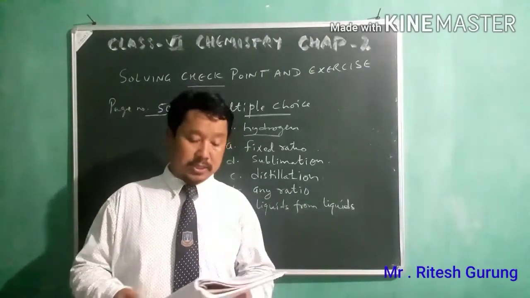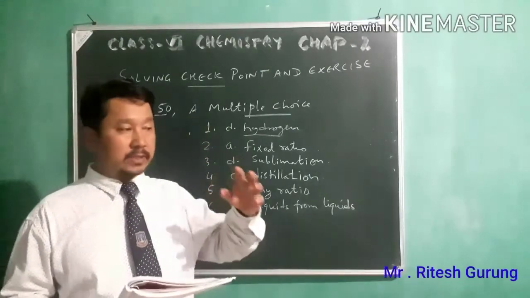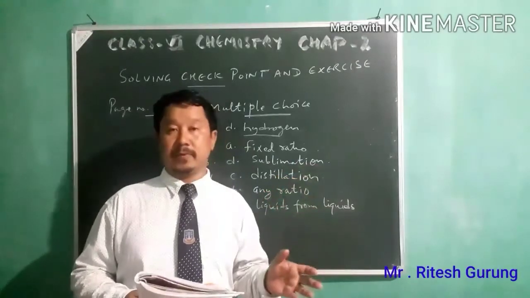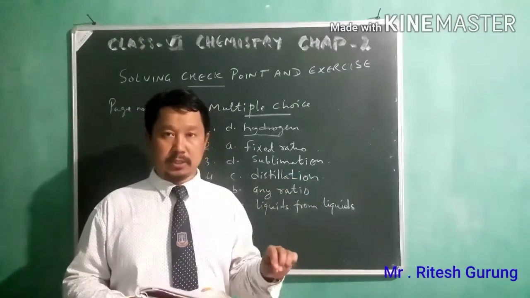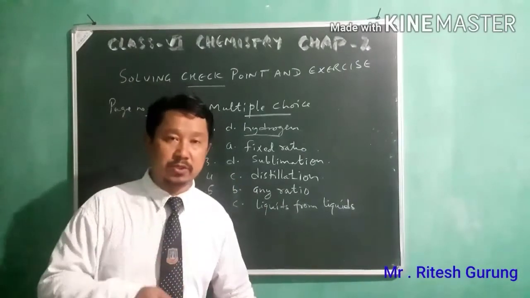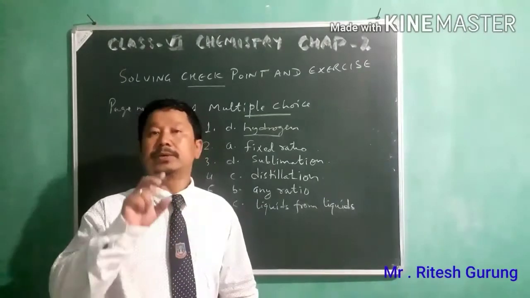Here is the question: the substance left behind on the filter paper, something which is left behind on the filter paper, what would you call it? Something which is left on the filter paper is called residue.